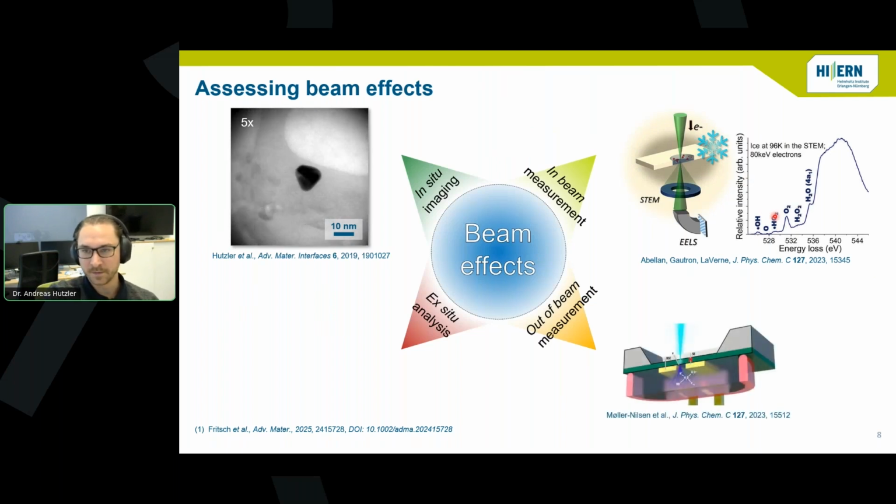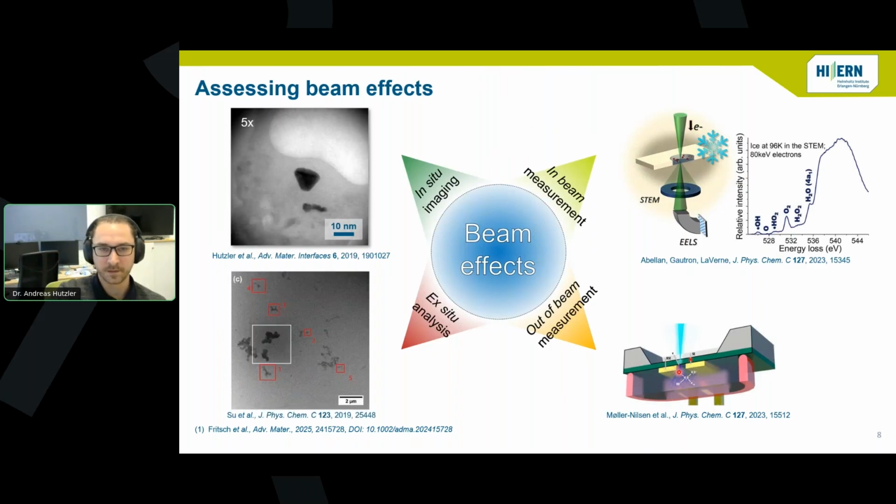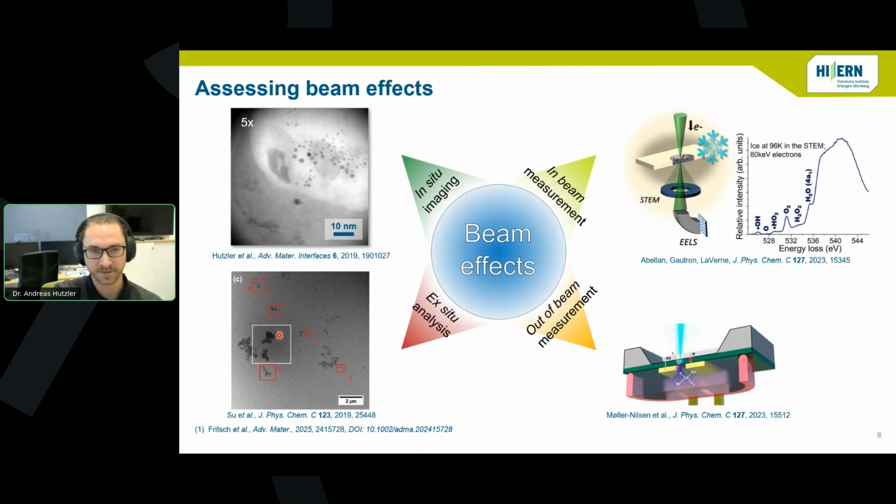We can also do out-of-beam measurements, like this electrochemical measurement, so we can do electrochemical sensing of certain species. And what we can always do is look at structures that haven't been irradiated during our in situ experiments and compare them to irradiated ones.